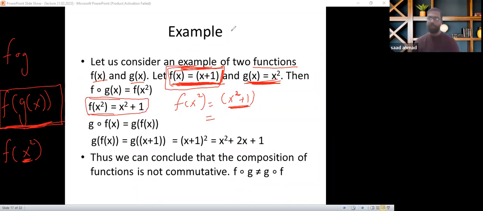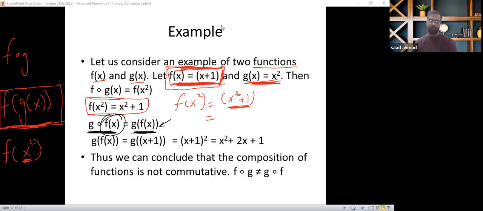Now the next one is g of f of x. Now we are doing g of f of x here. We are first feeding the x to the function f, we get its own output, and then we feed it to g, like this, g of f of x.